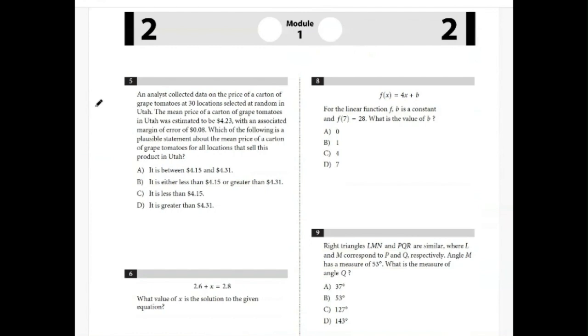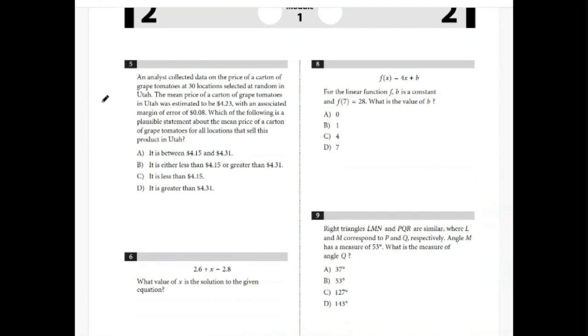An analyst collected data on the price of a carton of grape tomatoes at 30 locations selected at random in Utah. The mean price of a carton of grape tomatoes in Utah was estimated to be $4.23 with an associated margin of error of $0.08. Which of the following is a plausible statement about the mean price of a carton of grape tomatoes for all locations that sell this product in Utah?